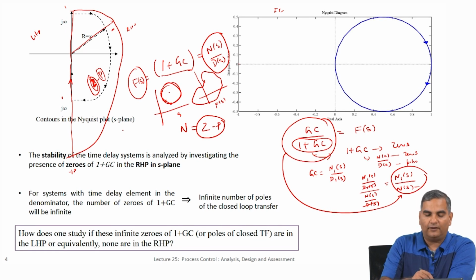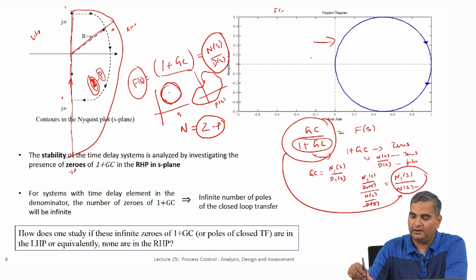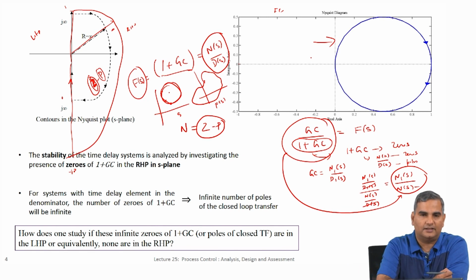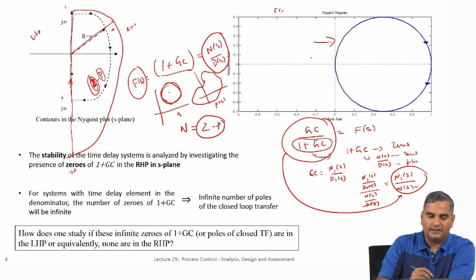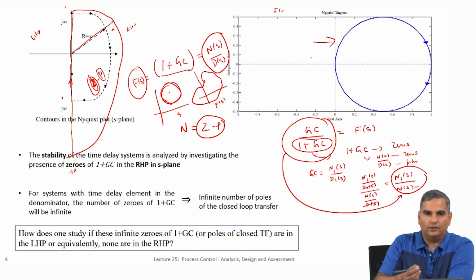So if I can plot this, then by looking at just that plot, whatever it might look like, I can tell you the value of Z minus P. That is simply given by looking at the encirclements of the origin. If it encircles the origin once in the clockwise direction, then we will say Z minus P is 1. If it encircles the origin once in the anti-clockwise direction, we will say Z minus P is minus 1, and so on. So that is how this notion of Nyquist diagram, Nyquist plot, is converted into a control idea.